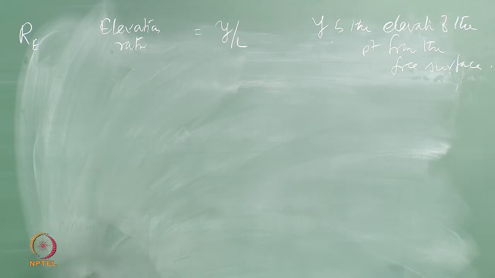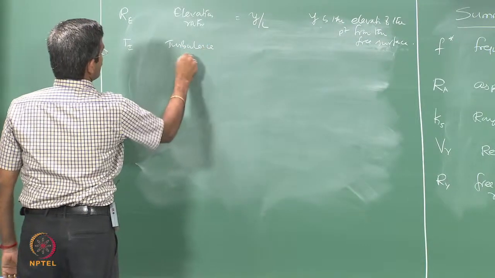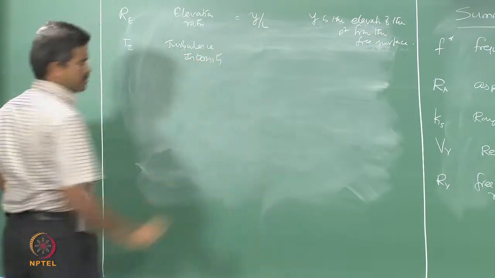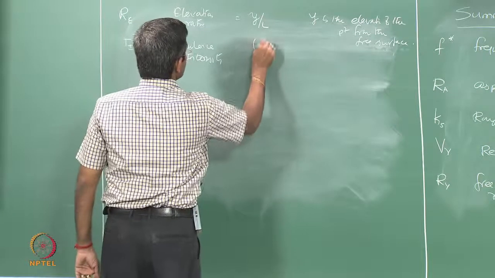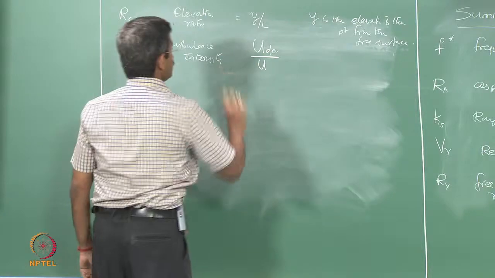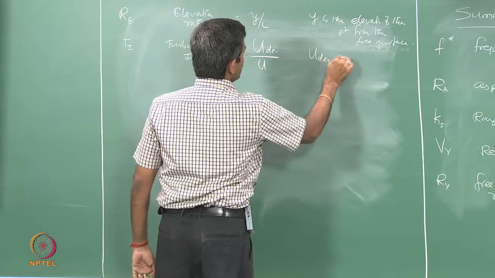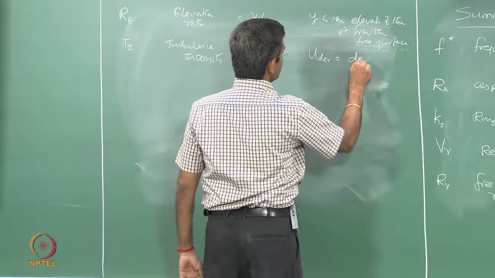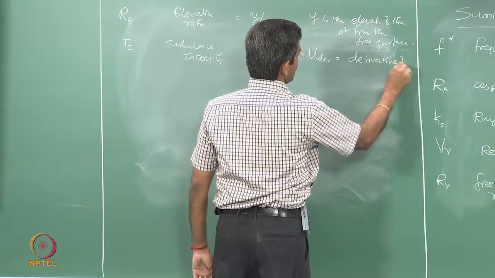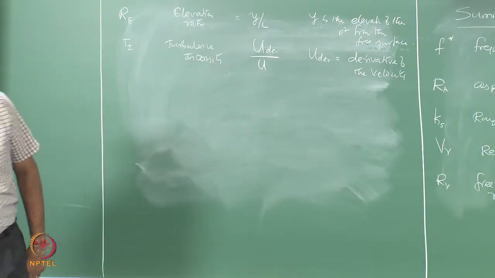Turbulence intensity, u dash by u, where u dash is a deviation of the velocity from mean velocity.